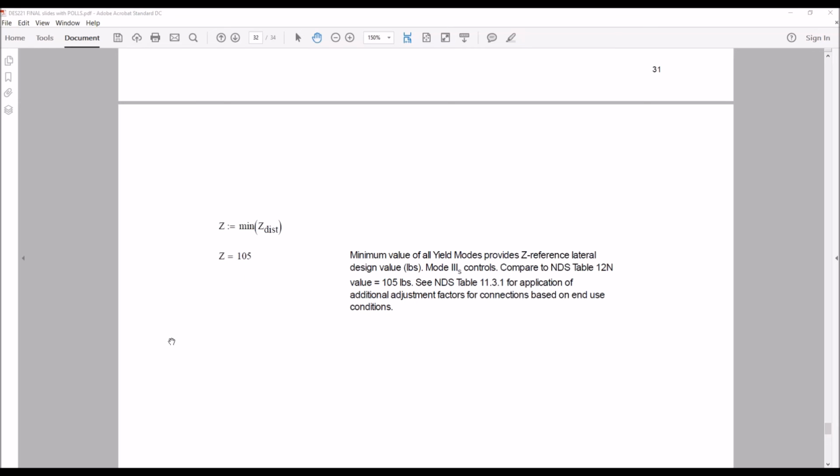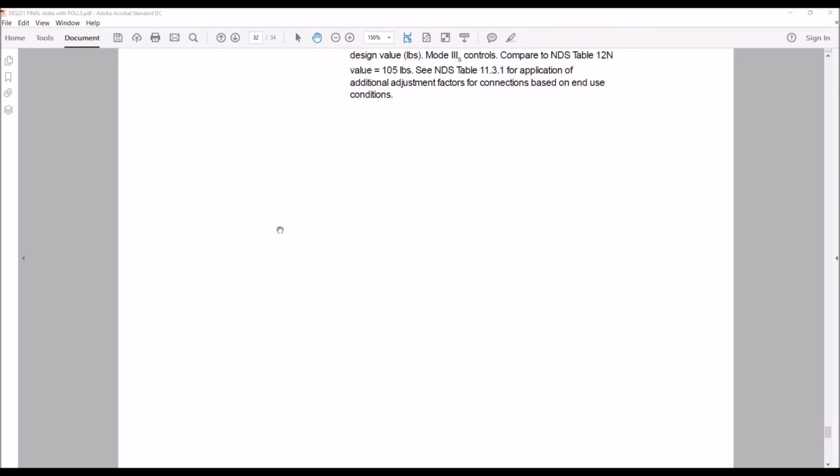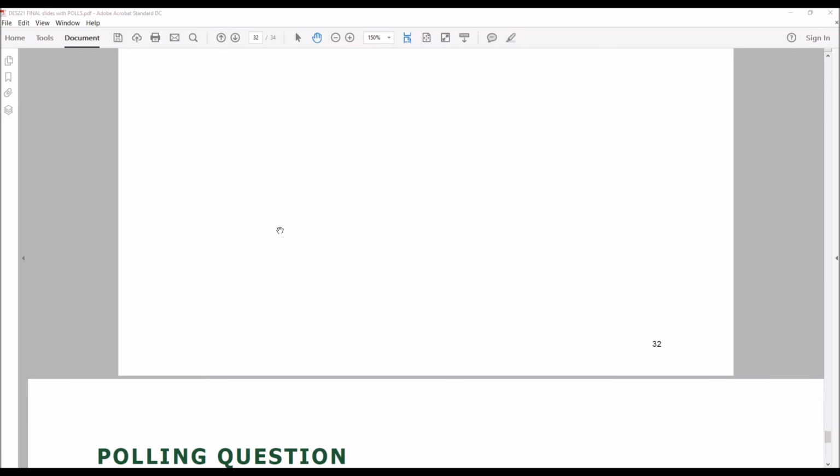If we go into NDS table 12N, the tabulated value is equal to 105 pounds. So it's always good when our tables agree with our calculations. And once again, I do want to remind you guys that this is only the reference design value. So you would need to apply your adjustment factors based on any end use conditions.